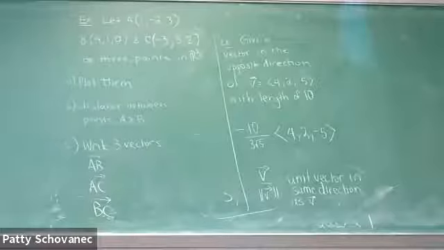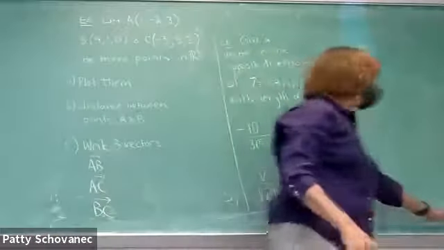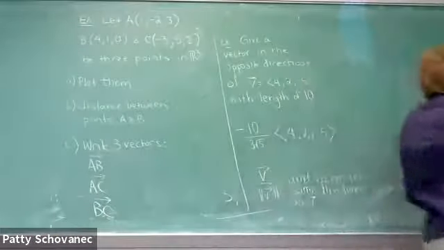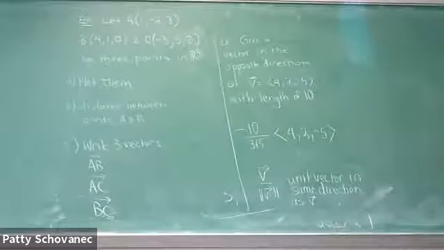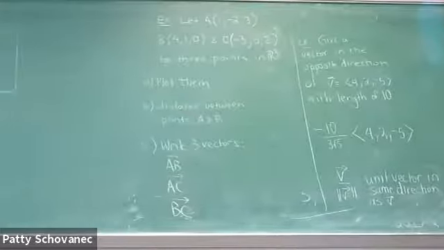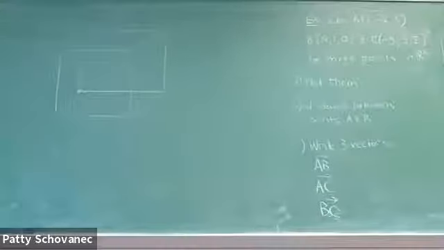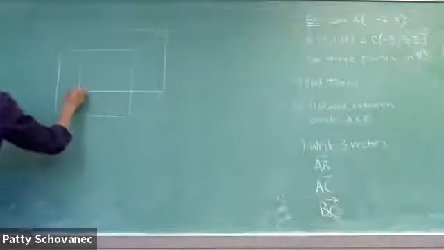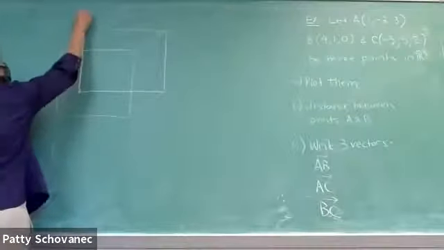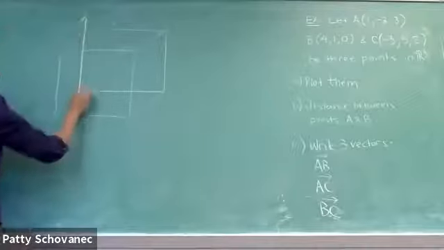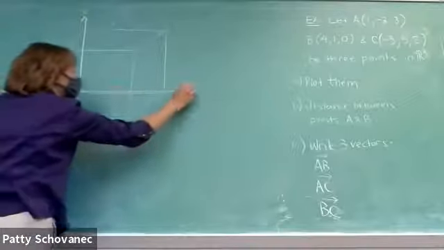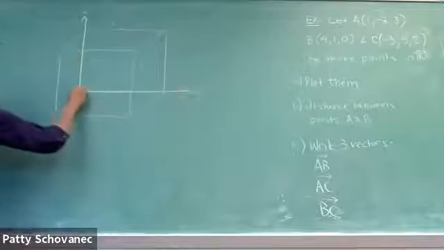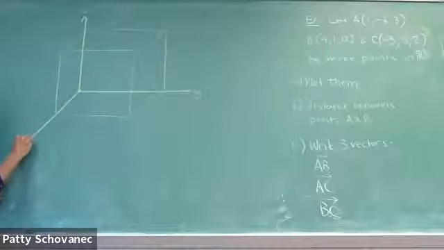Put the origin right here. That's the origin, the origin of that corner. I didn't draw it so pretty, but there's the z-axis. Here's the y-axis. And here's the x-axis. And maybe that looks more like it's coming out at you.